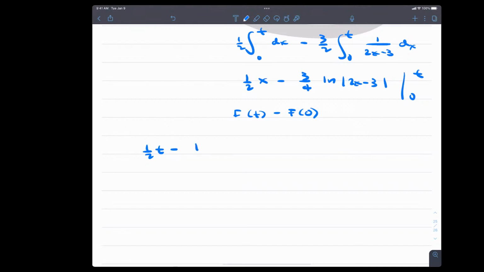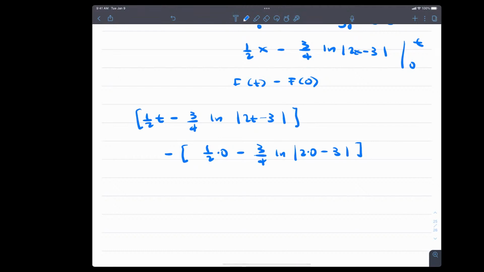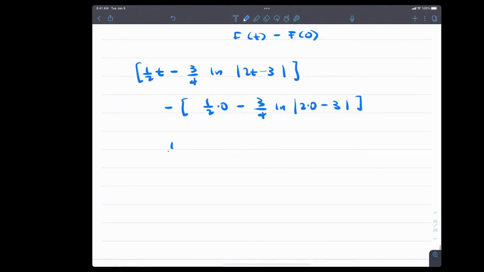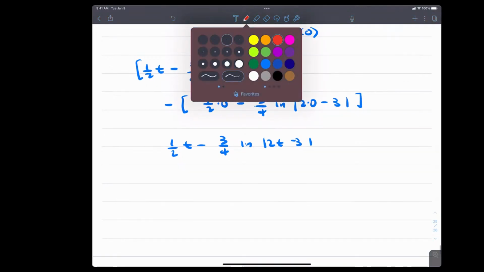So remember how I sometimes write that because it helps me. 1/2 t minus 3/4 natural log absolute value 2t minus 3, minus another parentheses, 1/2 times 0 minus 3/4 natural log absolute value 2 times 0 minus 3. Okay, so if you have every detail there, 1/2 t minus 3/4 natural log absolute value 2t minus 3. This part is 0.